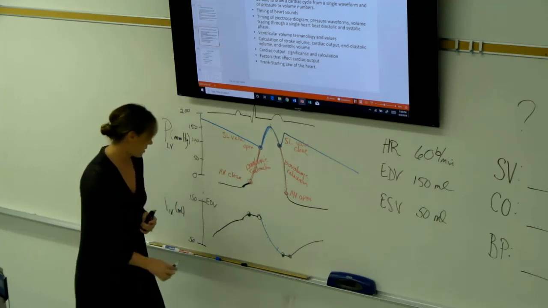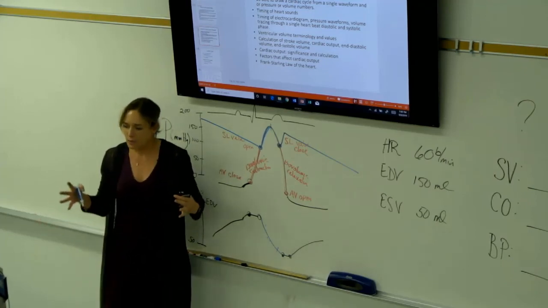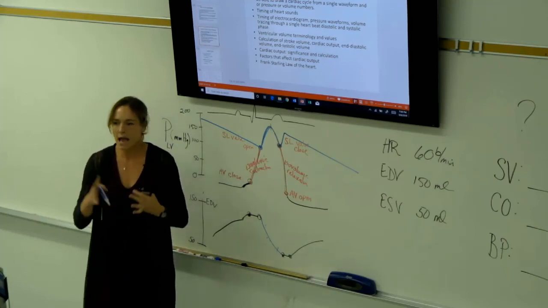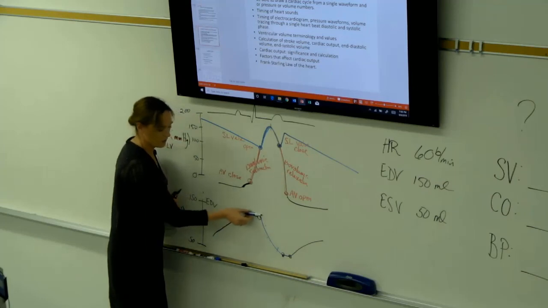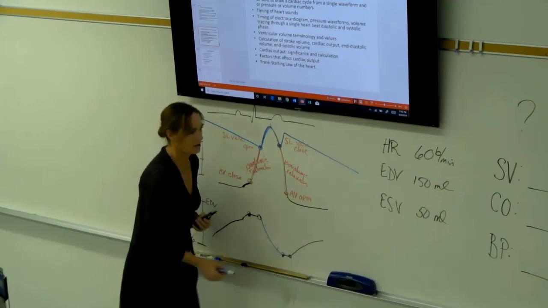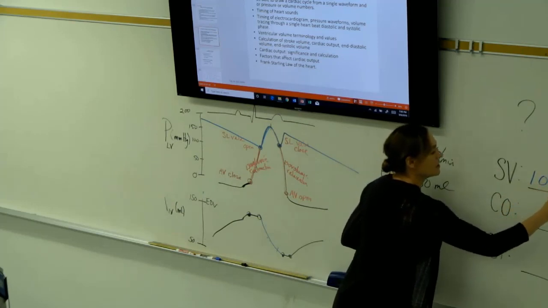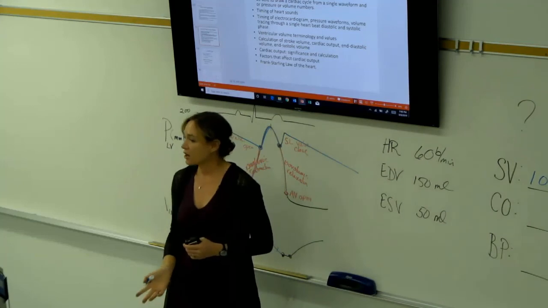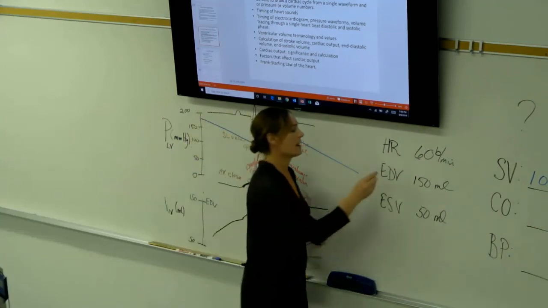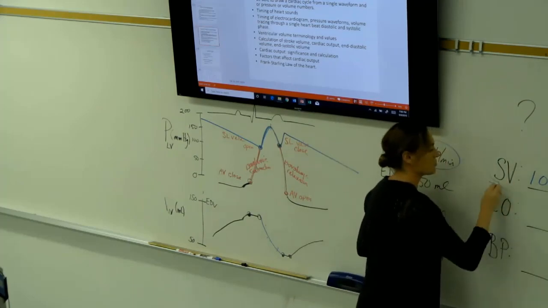So let's go over and we'll calculate stroke volume. Stroke volume is the amount of blood that the heart, when it's squeezed, how much it's sent out. So stroke volume is the mathematical difference between how full it was and what's left over. So in this case, the stroke volume is going to be 100 milliliters. The cardiac output is determined by multiplying the heart rate by the stroke volume.